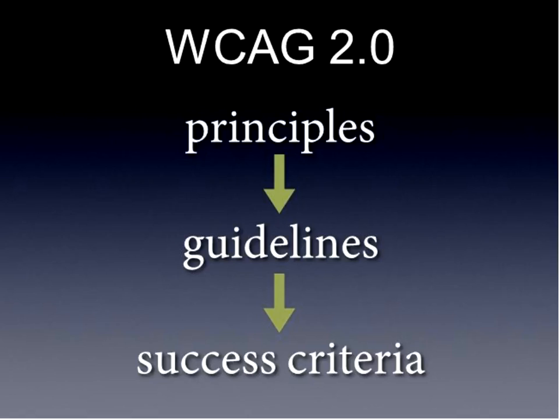An example of a AAA requirement is you must implement a sign language alternative version of all multimedia. So if you have a video that contains any audio, you must provide a video that includes somebody signing all of the audio content.